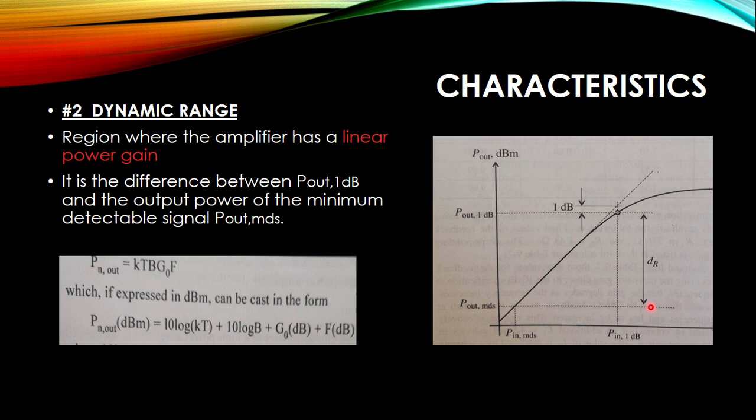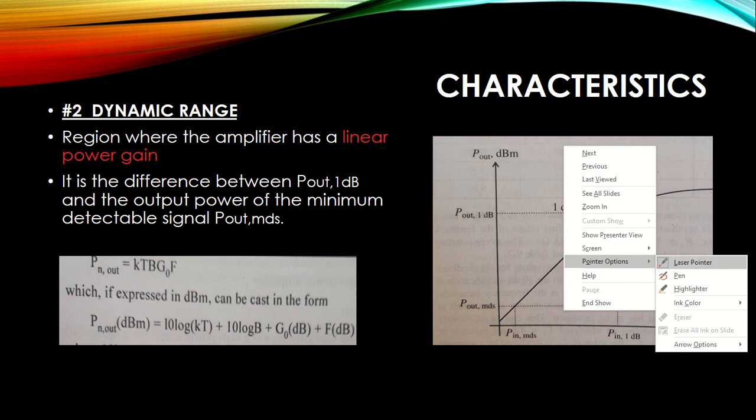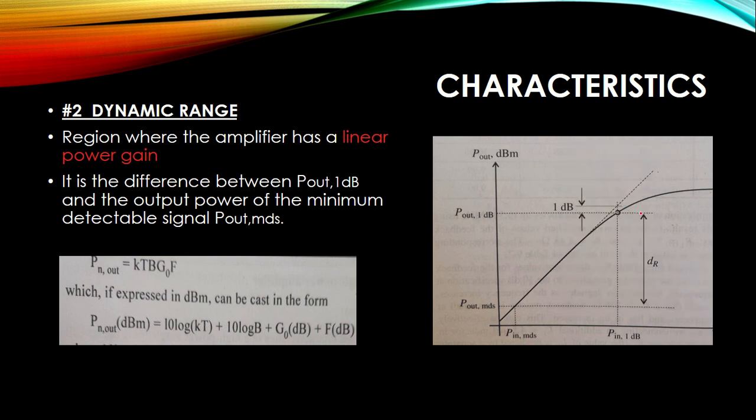Right? And I'm not considering this from the origin. We consider this from a point called P out MDS. So if we see here, the dynamic range is considered from this linear scale till P out MDS. MDS stands for minimum detectable signal. It is the smallest amplitude that can be detected by the RF power amplifier.